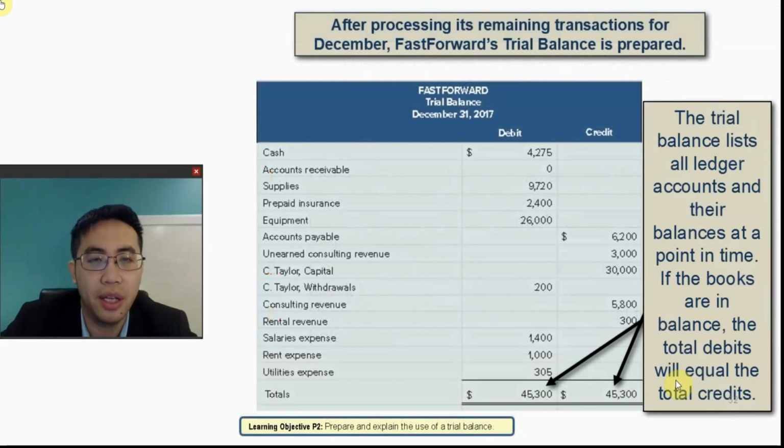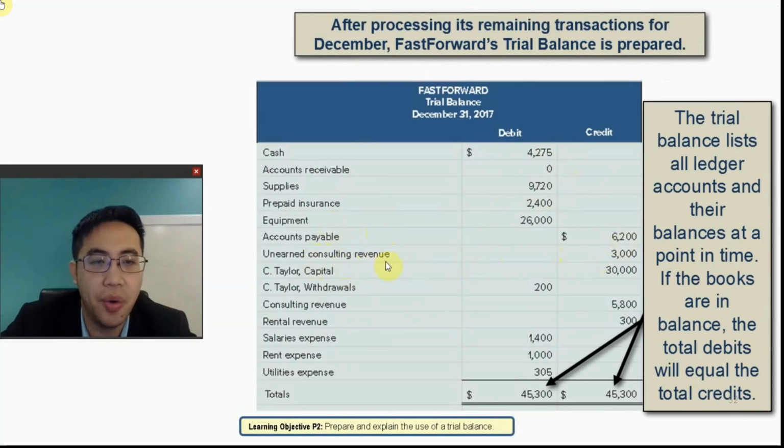Here is the textbook example we did before. There was a lot going on with cash, and accounts receivable got balanced out. The supplies got an increase. Whenever assets increase, that's a debit. Then you also have credits on the equity and liability side. Accounts payable is a liability, and it increased, so that's a credit.